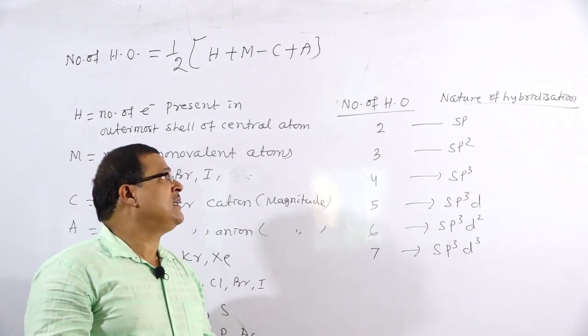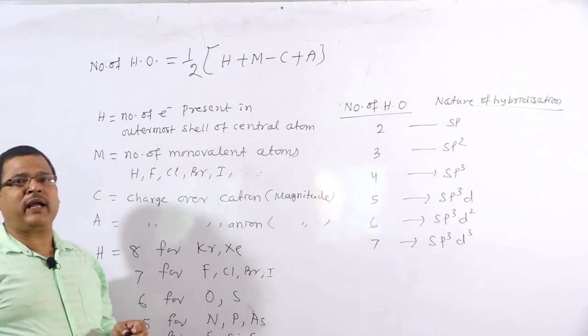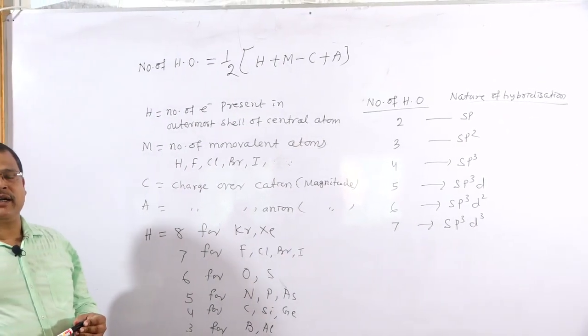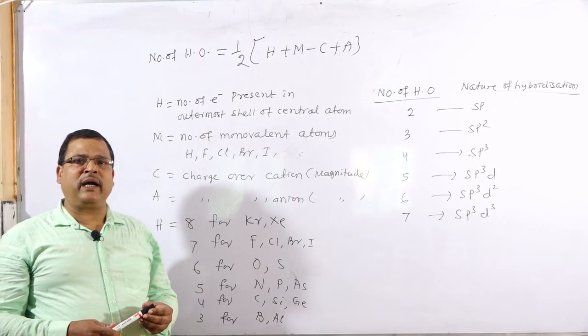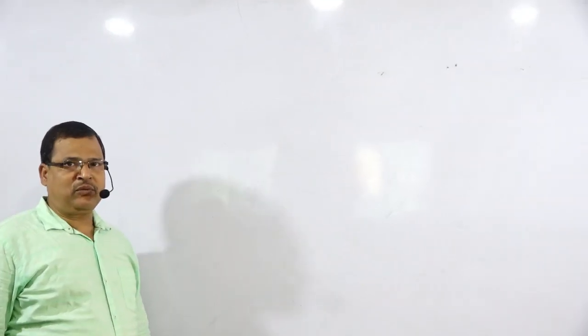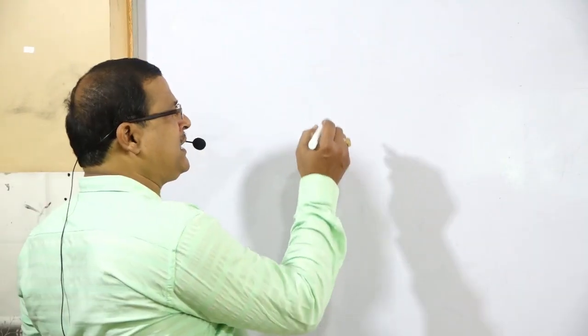Next we will start the structures of xenon difluoride, tetrafluoride and hexafluoride, xenon trioxide, tetroxide, XeOF2, XeO2F2 and XeOF4 etc. First we apply the formula to determine the nature of hybridization of the xenon fluorides and the oxide compounds.